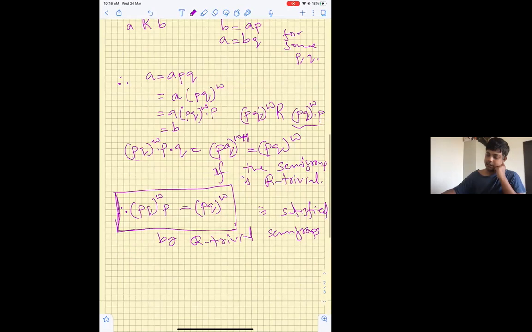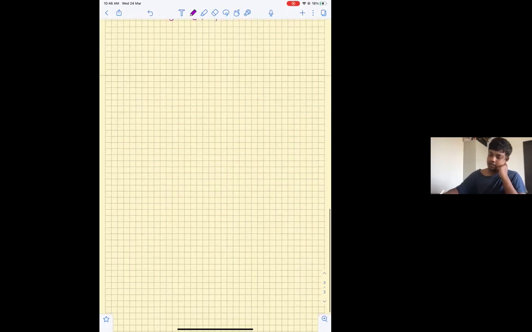Let me state it as a proposition. The following are equivalent. One, for a finite semigroup S, S is R trivial.